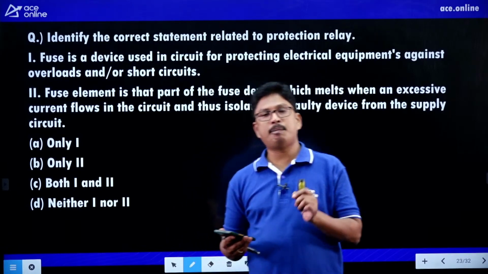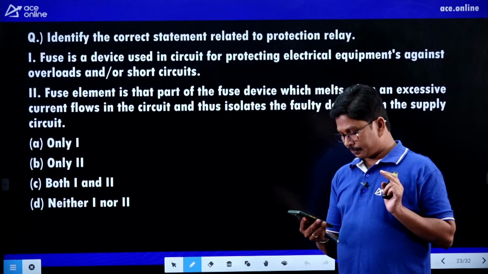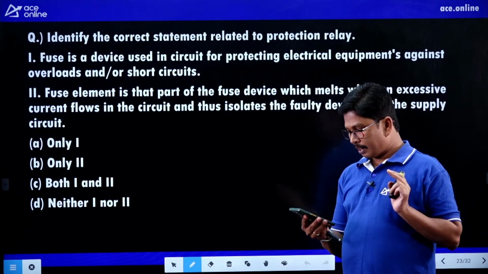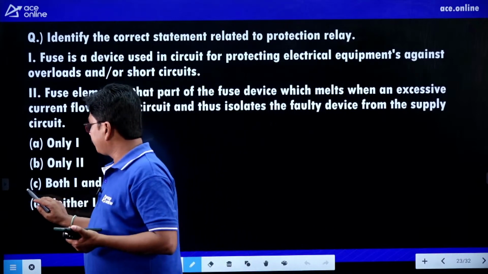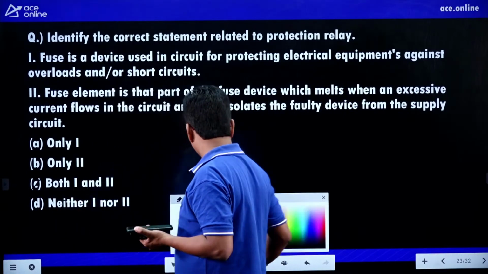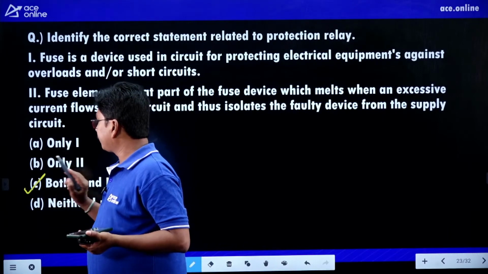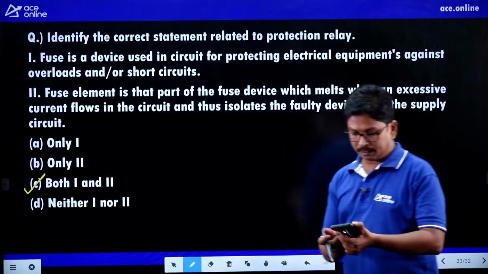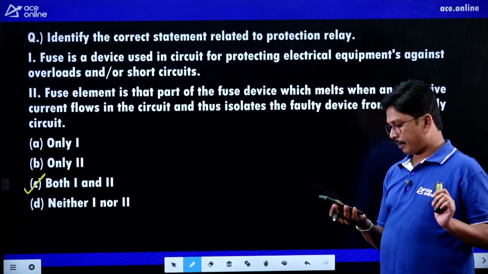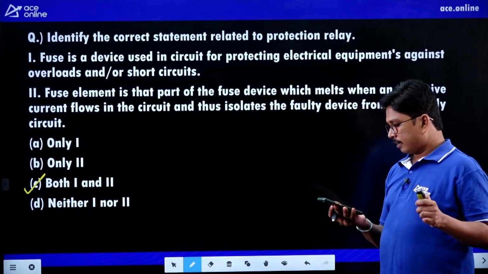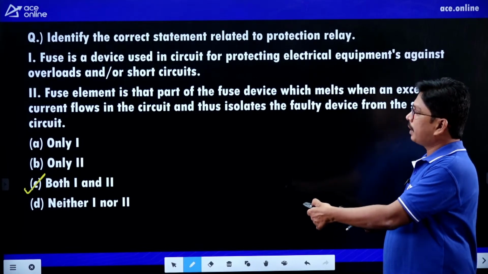Yes, the first and second statements are both correct, right? Very good. Both statements 1 and 2 are correct. Very good, Sai Kumar. Next question we can see.